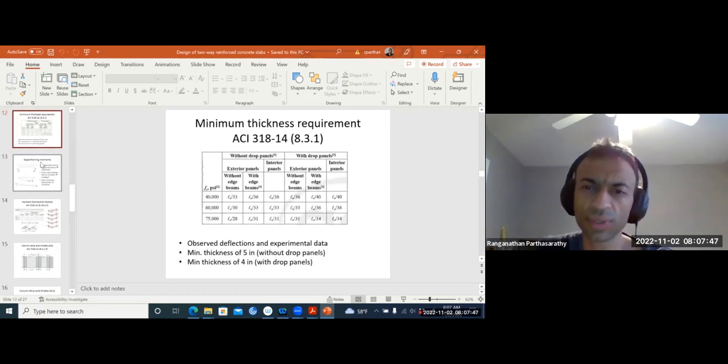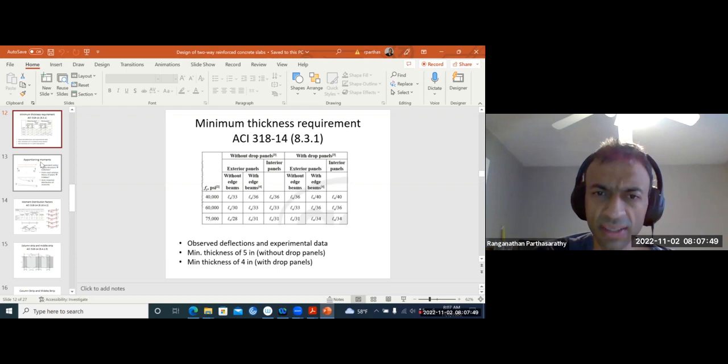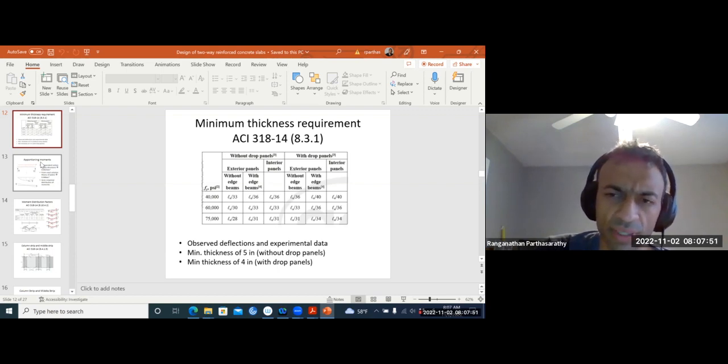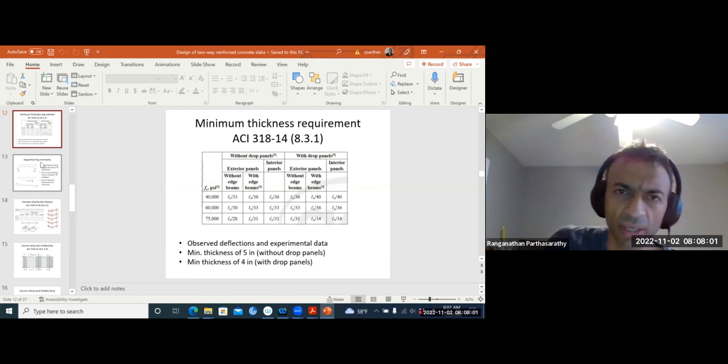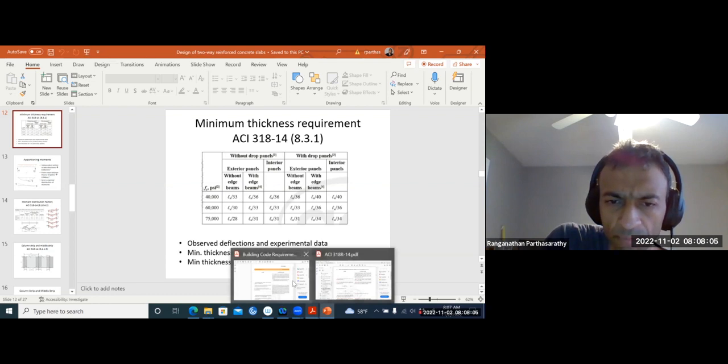Now, the first one is minimum thickness requirements. This is similar to beams, where to limit your deflections, you need to have some minimum thickness of the beam.